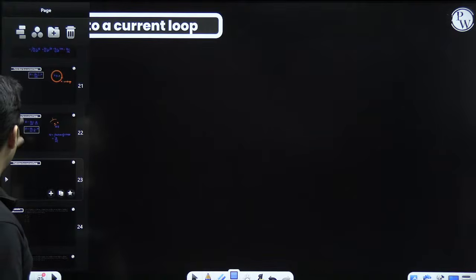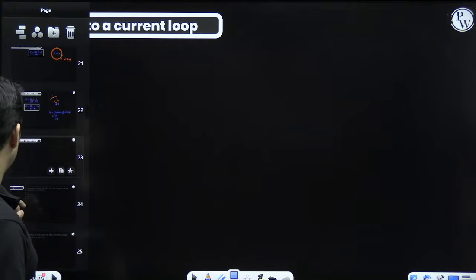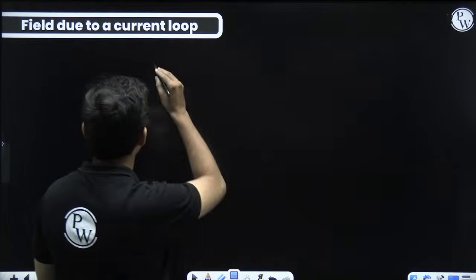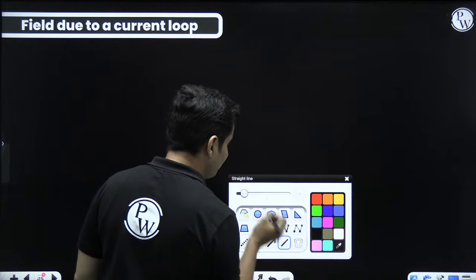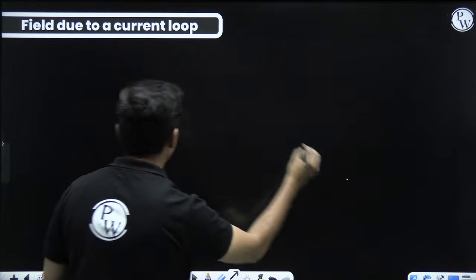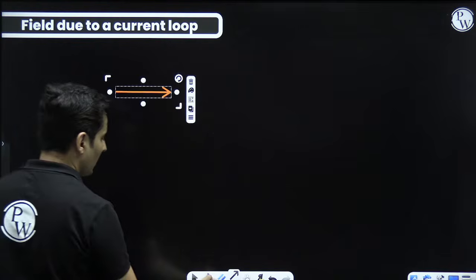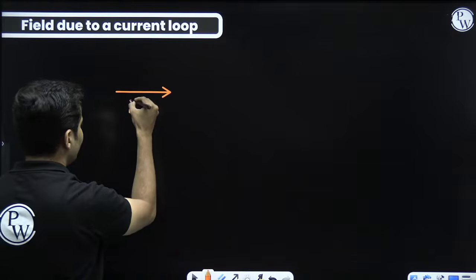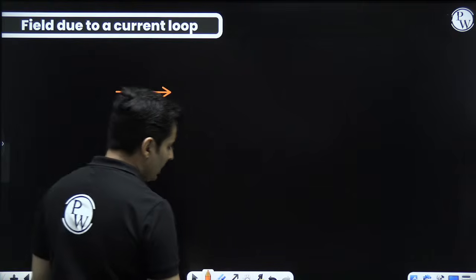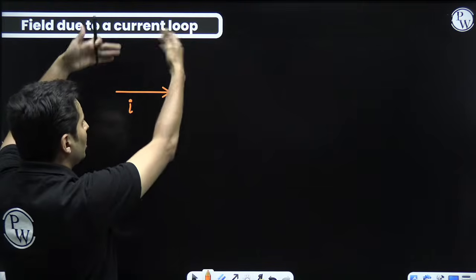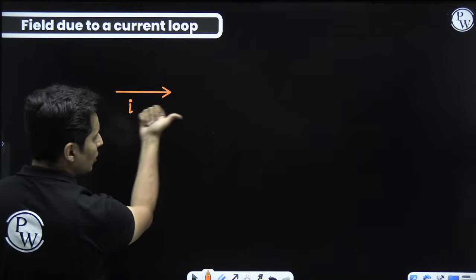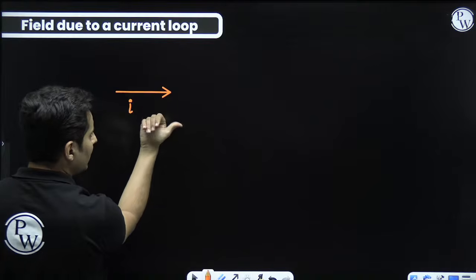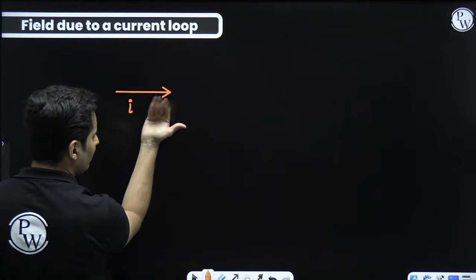Amazing. Now, before going ahead, let me also tell you, although the heading is wrong now, for the next point. If you have a wire which carries current, and you are on the top, this current is going like that. Hold your thumb in the direction of the current. The fingers are going to give you the direction of the magnetic field.